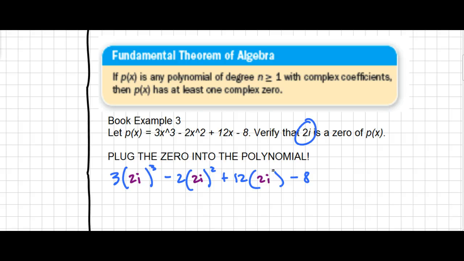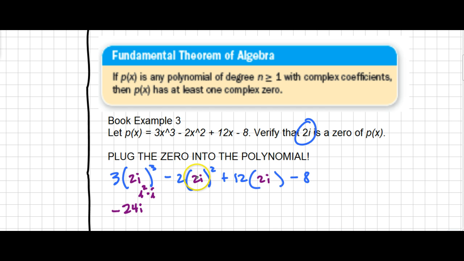So let's see what we get here for the first one. 2i cubed. 2 cubed is 8, and 8 times 3 is going to be 24 there. Now let's talk about i cubed. i cubed is going to be the same as saying i squared times i. And i squared I know is negative 1. So this is going to be a negative 24 because i squared changes that number to its opposite, and then there's going to be an i there.